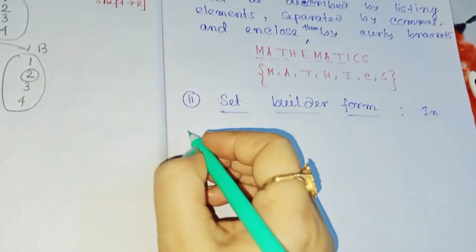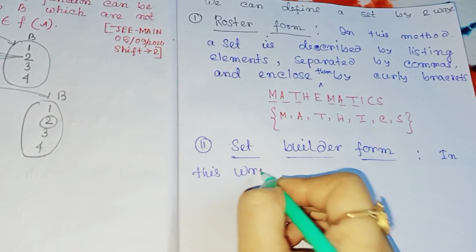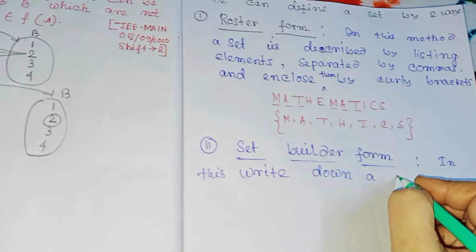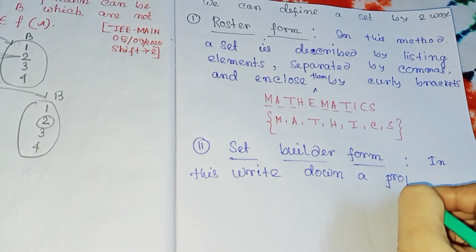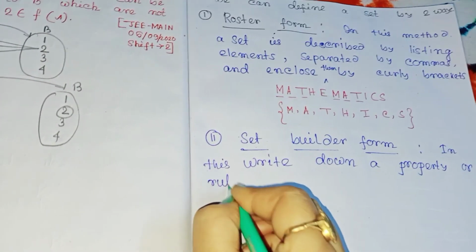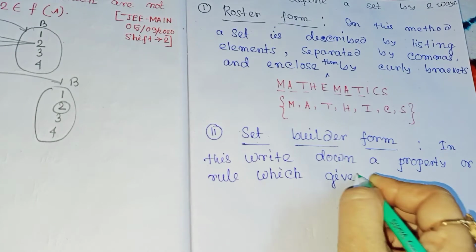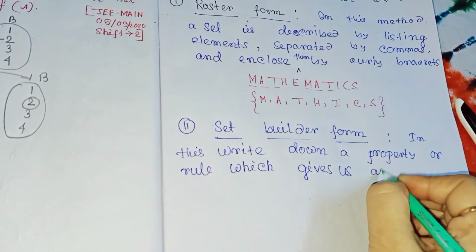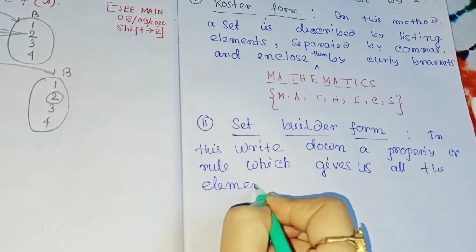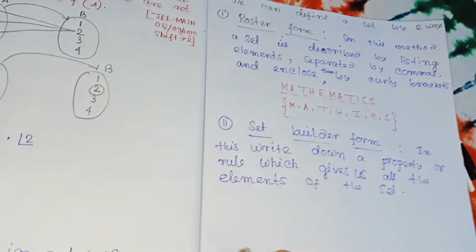In this form, we write down a property or rule which gives us all the elements of the set.